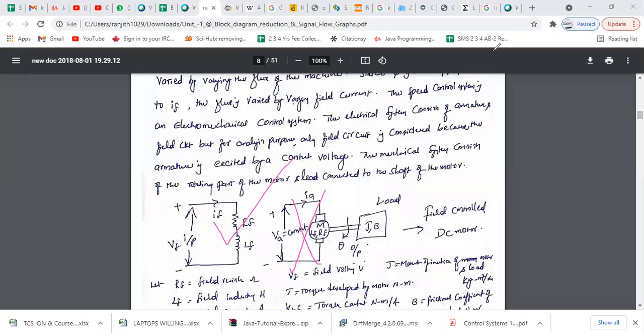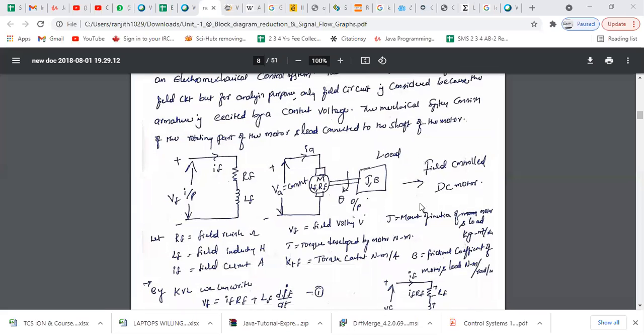Is it clear, all of you, the difference? The mechanical section is common. The only difference is the electrical section. That's why it is said the electrical system consists of armature and field circuit, but for analysis in the armature control DC motor we consider only the armature circuit. Is it clear? Yes, sir.